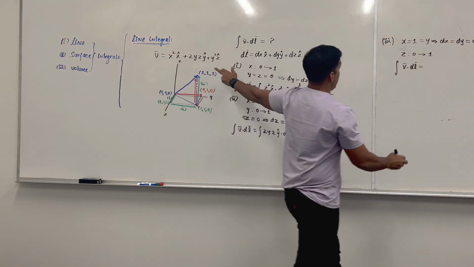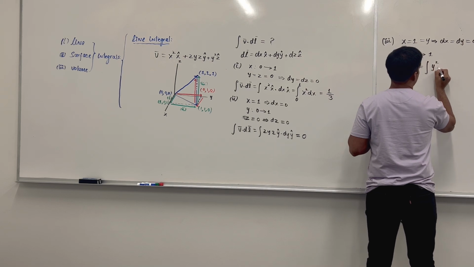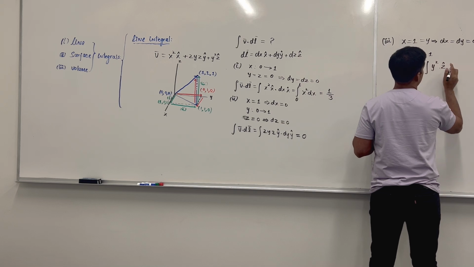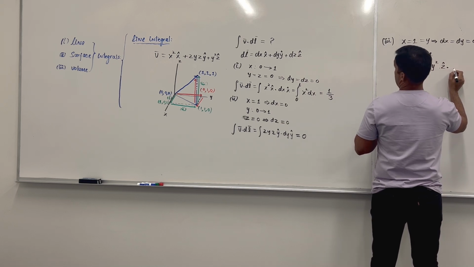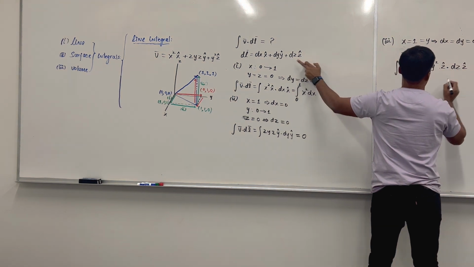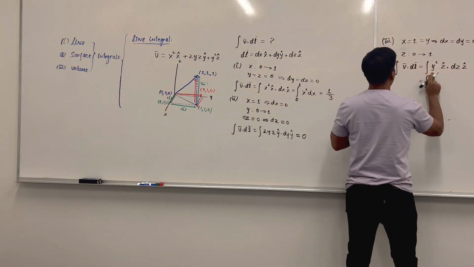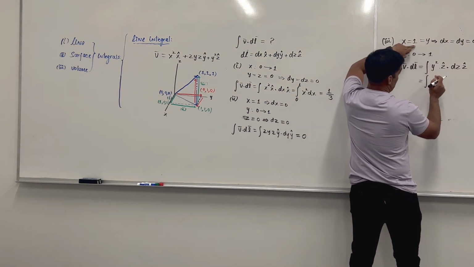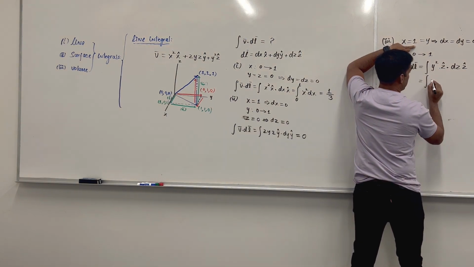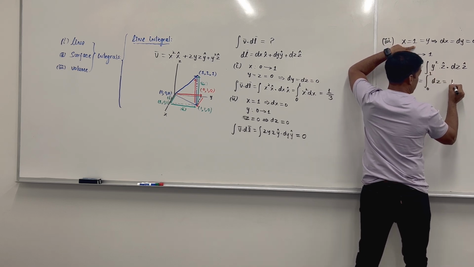So v dot dl, if I write it explicitly, becomes y squared z unit vector dotted with dz z unit vector, and this dot product gives us 1, y along this path is 1, so it just becomes integral of dz. Okay, and integration limits are from 0 to 1, and this gives us 1.